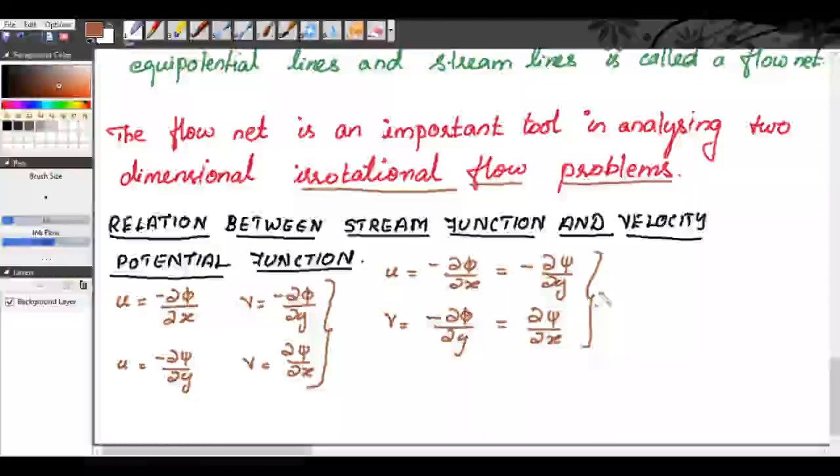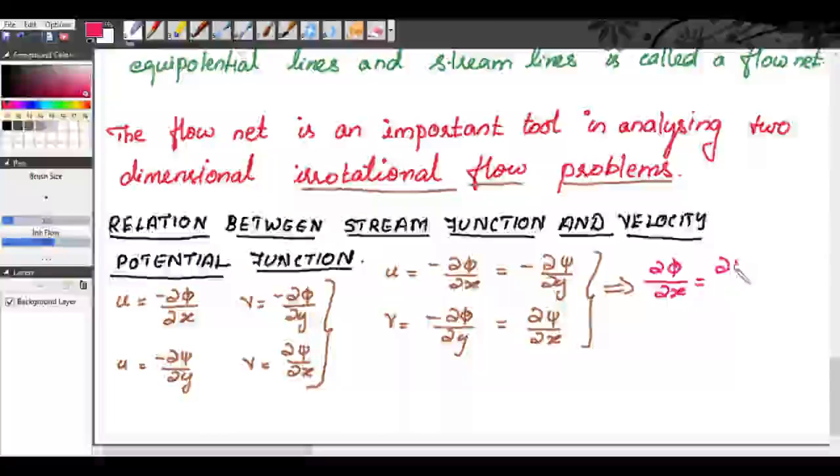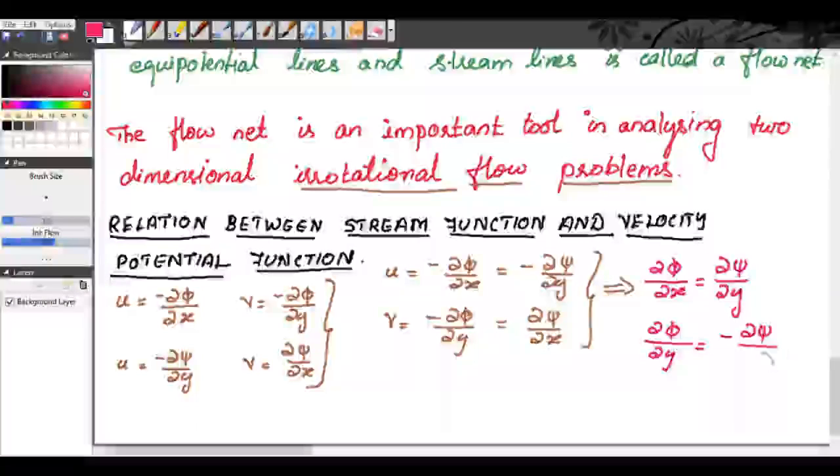So from this, what we can observe is dou phi by dou x is equal to dou psi by dou y, and dou phi by dou y is equal to minus dou psi by dou x.